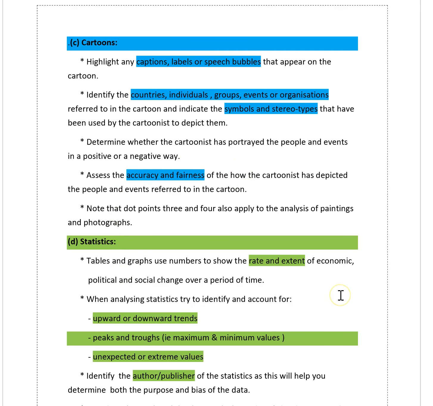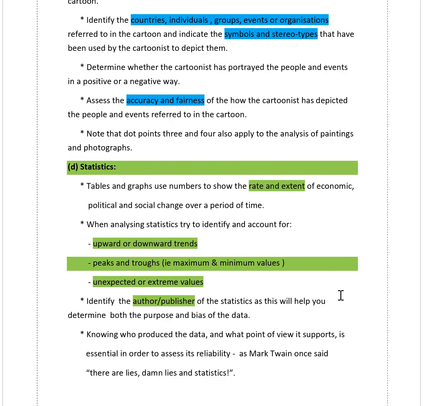Okay, statistics. You want to have a look at the rate and extent of economic, political, or social change. You need to see if there are any upward or downward trends, peaks and troughs, unexpected or extreme values. Why have they published these statistics? Is it biased? Can you trust it? As Mark Twain once said, there are lies, damn lies, and statistics.